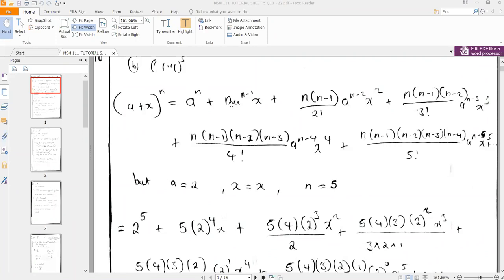Plus here our n is 5, then our a is 2 to the power 4. So here it's reducing, isn't it? Then our x is simply x.